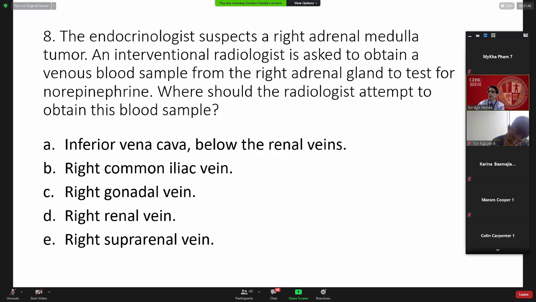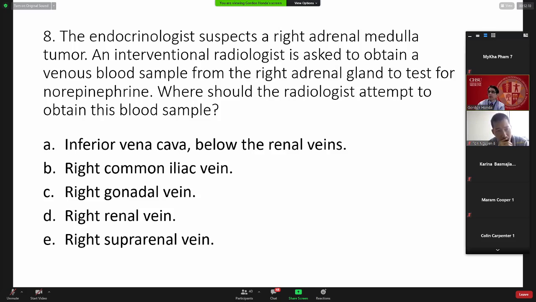The liver tends to deactivate lots of things. That's another reason. It's pretty hard to get an accurate measurement, especially if the tumor is not always secreting these things. Sometimes the tumors secrete whenever they feel like it. You may get a peripheral blood sample from the arm, and it could be perfectly normal. It could be very, very misleading.